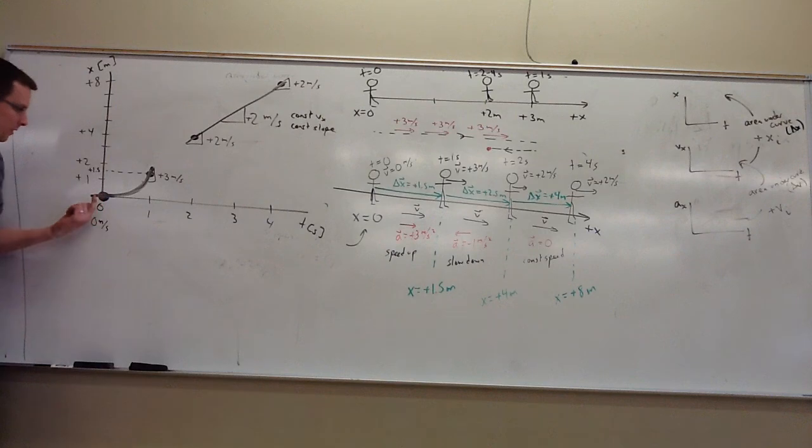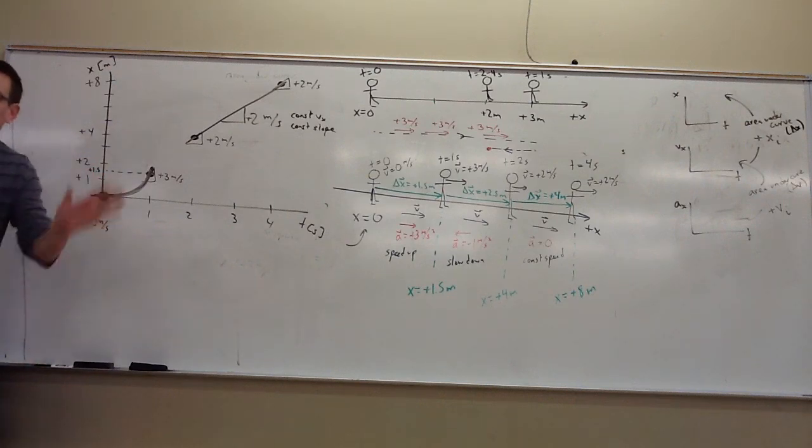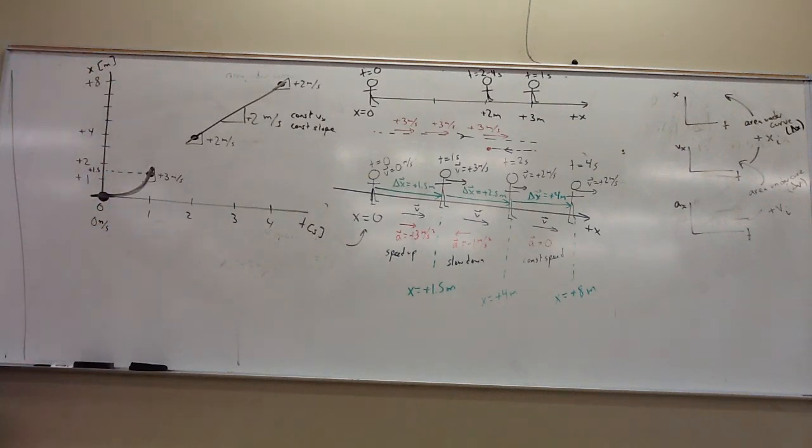At the beginning, as time passes, I barely increase my value. That's because I'm going real slow. Then it gets steeper, which means that as I go stepping along in time, I cover a lot more distance, right? So getting steeper means that I'm going faster. I'm covering more position here as time progresses, okay? So I'm going faster.